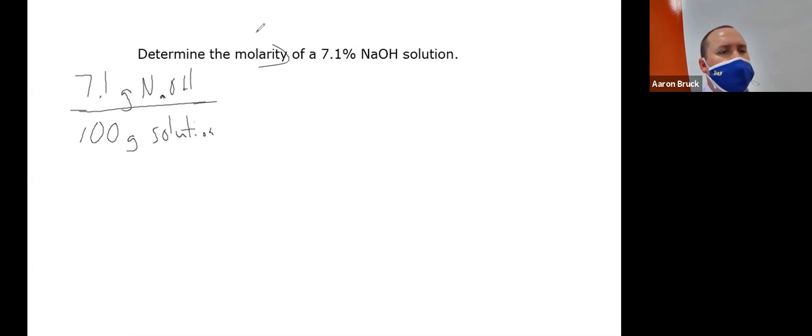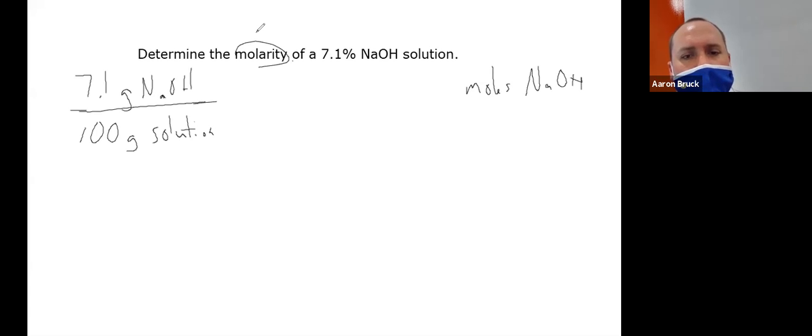And what does molarity mean? Well, molarity would be moles of NaOH over liters of solution. So those are the two worlds that I'm trying to bridge here.